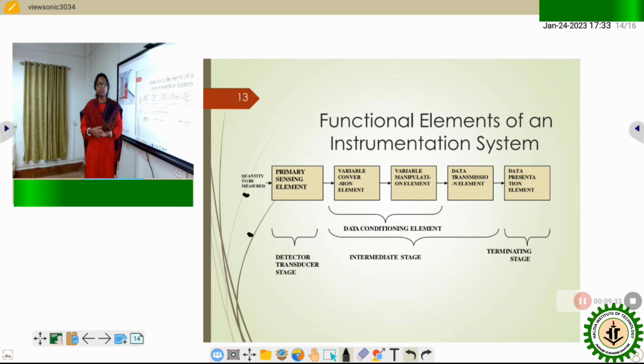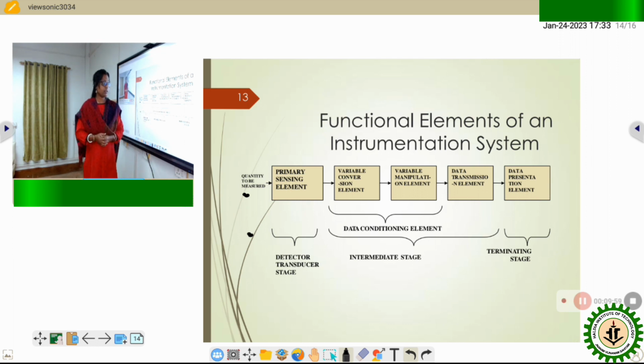In this variable conversion element, if we get a very low voltage, that voltage has to be modified according to our design parameters. After this block, we have a variable manipulation element, where different types of manipulating functions are done.